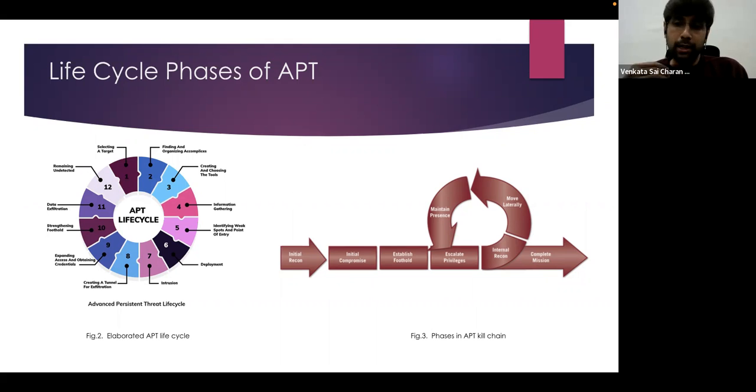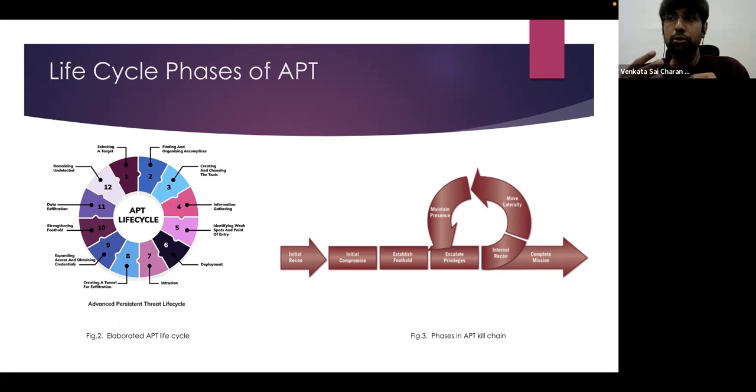Then they do internal reconnaissance to identify where they might find the sensitive data, and then they move laterally from one LAN to another LAN, one VLAN to another VLAN, searching for the data, and they maintain persistence.